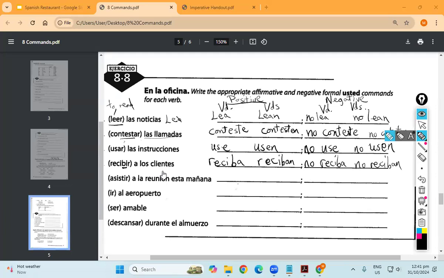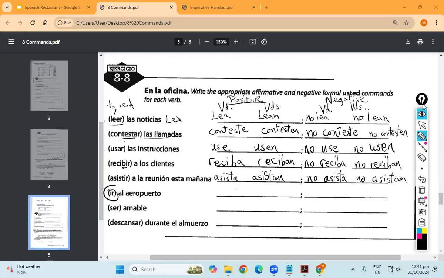All right. Asistir, attend the meeting this morning. Asista, asistan, right? No asista, do not attend. No asistan, do not attend to our group, right? All right, ir al aeropuerto.